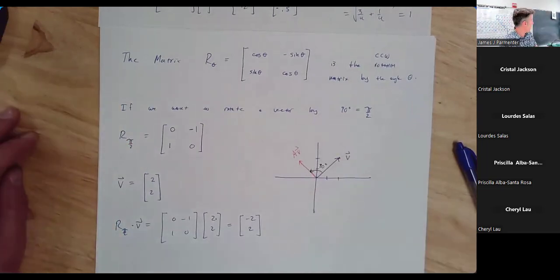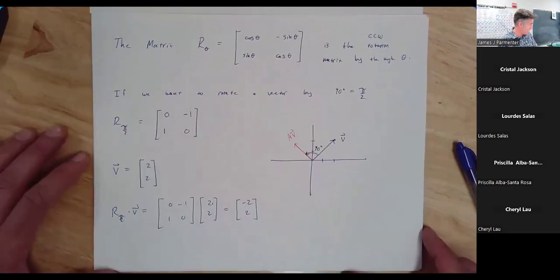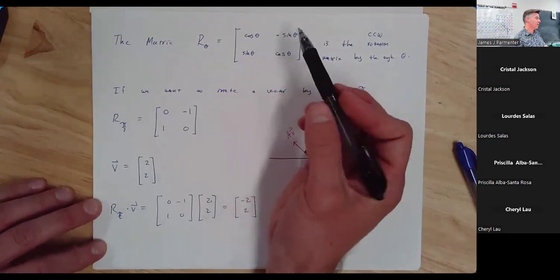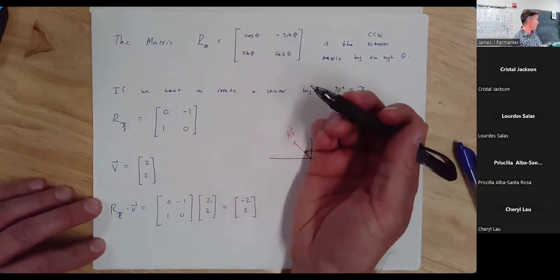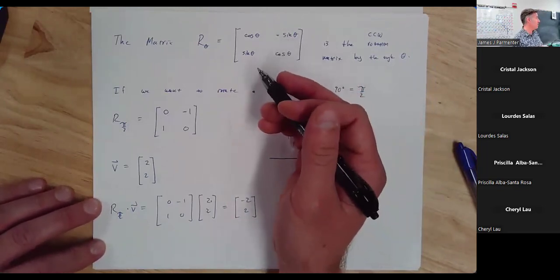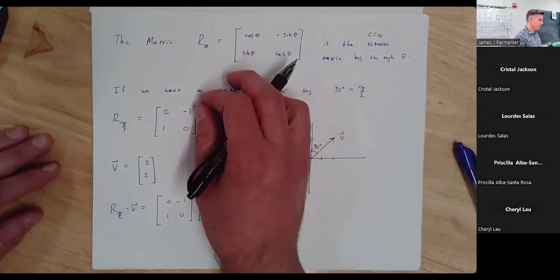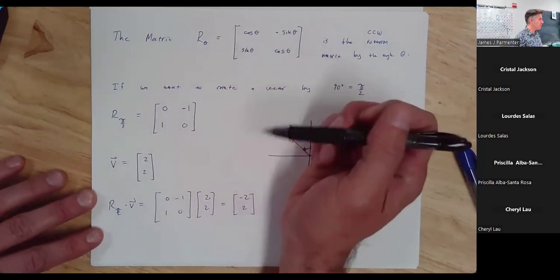And someone asked, how would you find the rotation clockwise? You would change where the negative is here. Or alternatively, you could just use the negative angle. So if you wanted to go clockwise 90 degrees, you could say the angle is -90 degrees, which will end up changing the negative from being there to there.